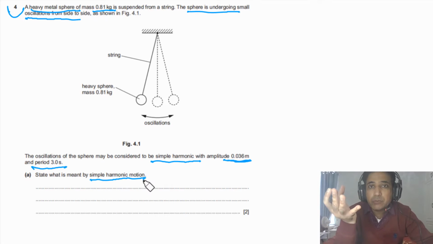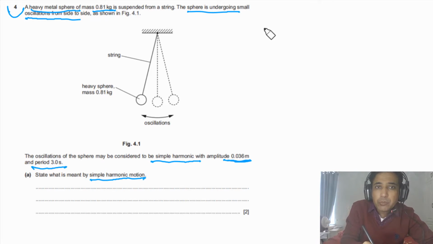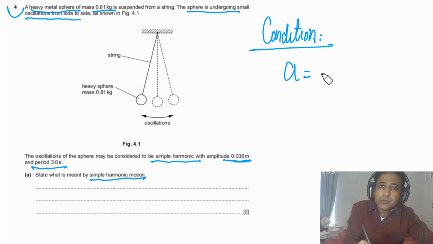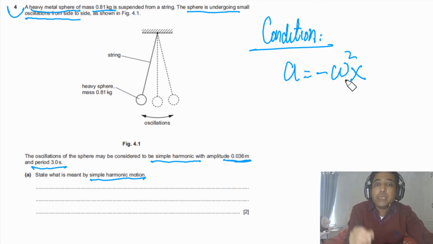A typical question about simple harmonic motion, so you need to understand how to state simple harmonic motion. For simple harmonic motion, you need to understand the condition for simple harmonic motion. The condition is a equals minus omega squared x. Omega is angular frequency and this is constant.